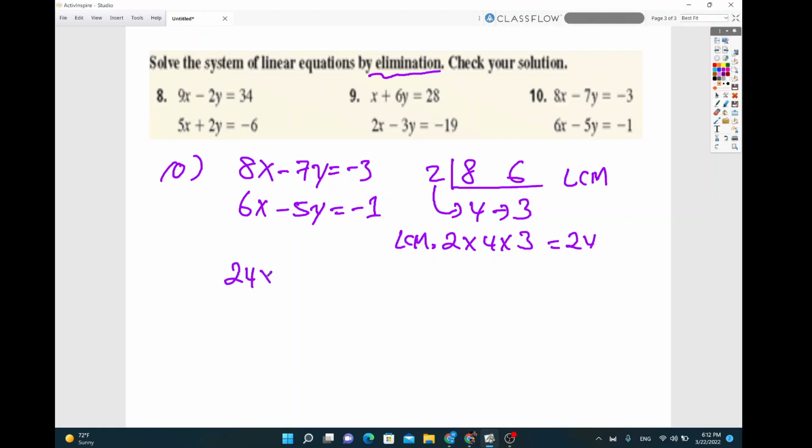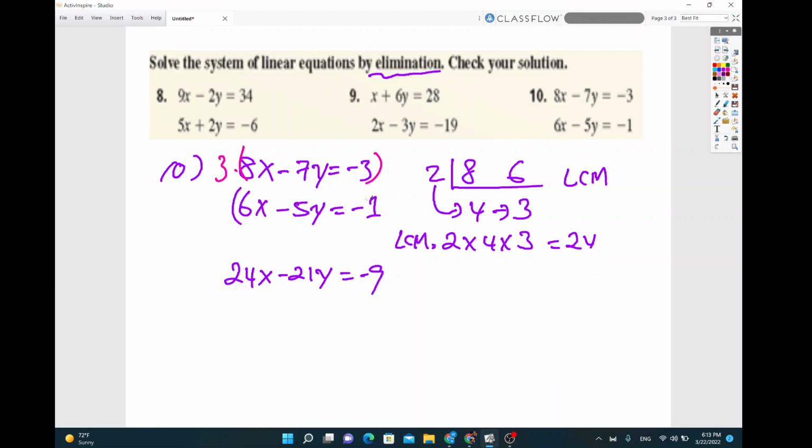So in order to convert this number to 24, we need to multiply the first equation by 3. Multiply everything, the left and the right, so we got 24x. 3 times negative 7y is negative 21y. Minus 21y, and then 3 times negative 3 is negative 9.